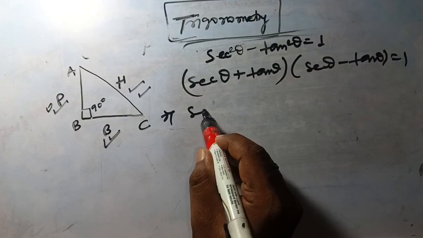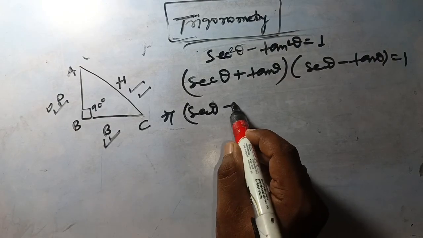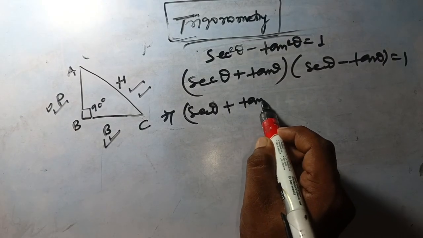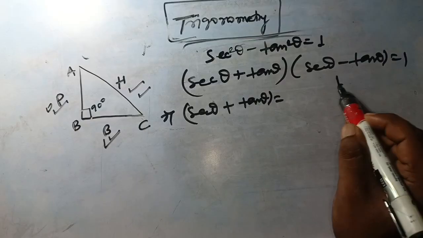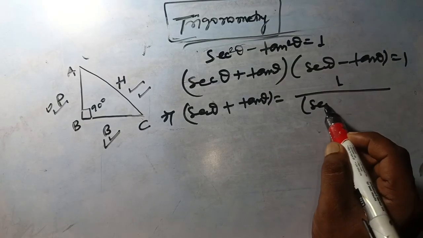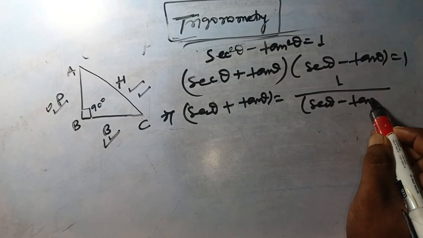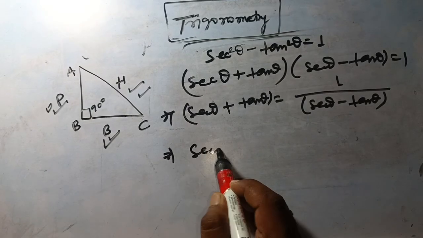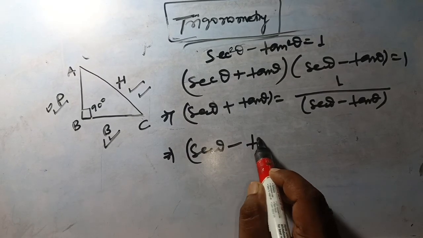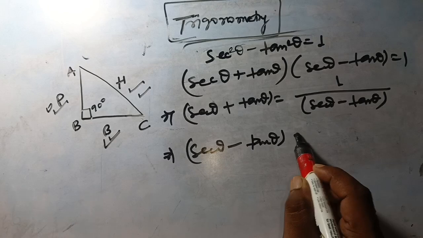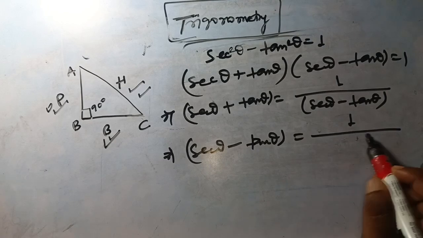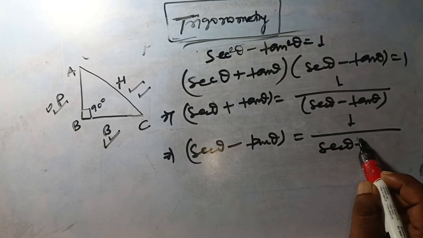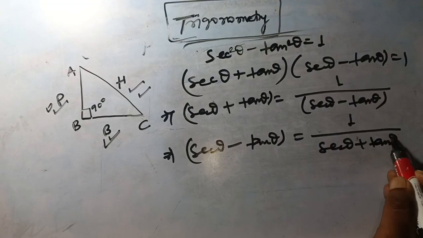From here we can calculate sec theta plus tan theta is equal to 1 upon sec theta minus tan theta, and sec theta minus tan theta is equal to 1 upon sec theta plus tan theta.